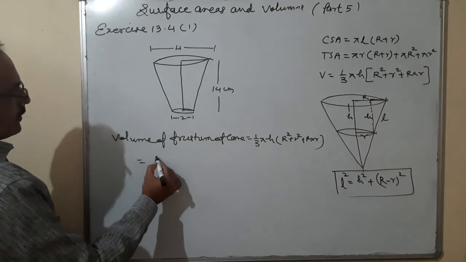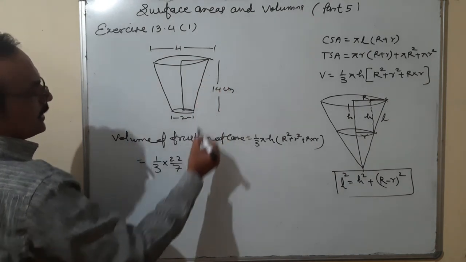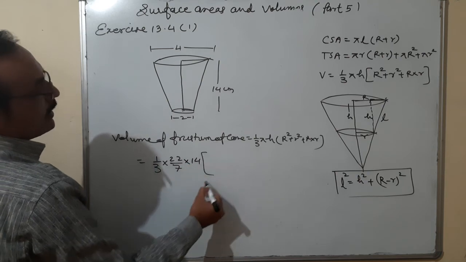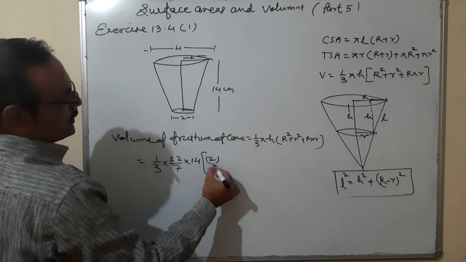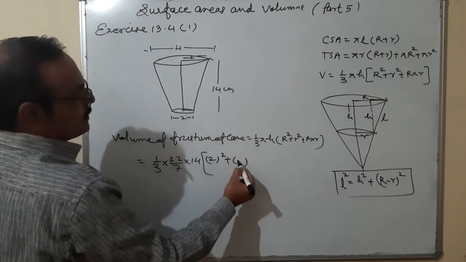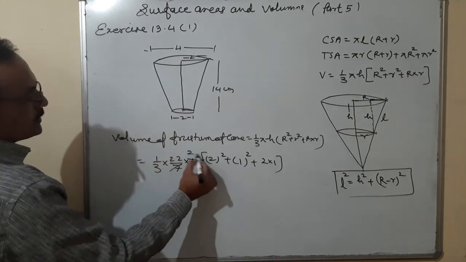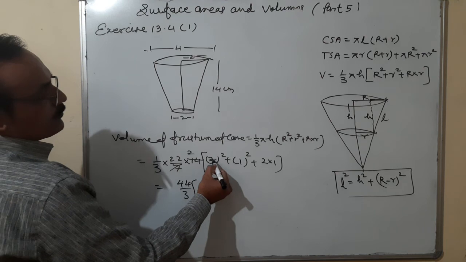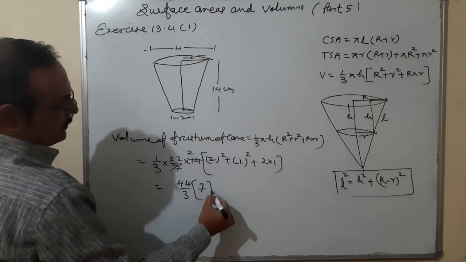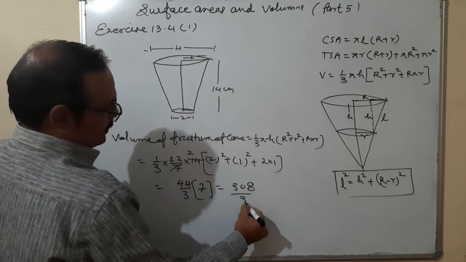Okay. 1/3 pi, 22/7, h is height 14, R square. Diameter is 4, so radius is 2. So this is 2 square. Here the radius is 1, so 1 square plus 2 into 1. Okay. 7 twos are 14. It is coming 44/3. The result inside is 4 plus 1 is 5, plus 2 is 7. 7 fours are 28, so 308/3.